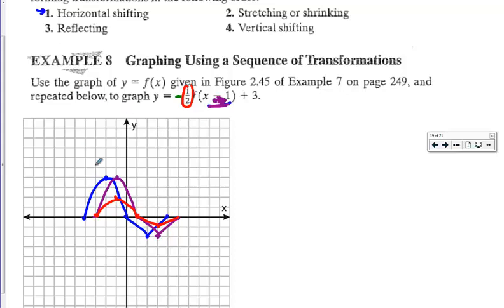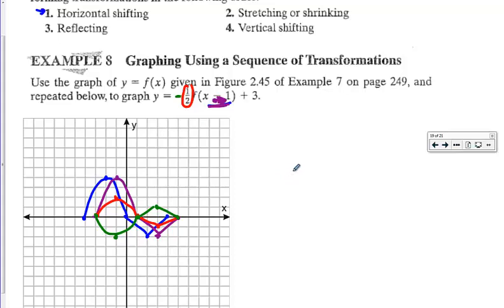This one doesn't move. This one, instead of being negative 1, 2, becomes negative 1, negative 2. This one doesn't move. Instead of being 3, negative 1, it becomes 3, positive 1, and this one doesn't move. So I have this right here. The green is my new current function.